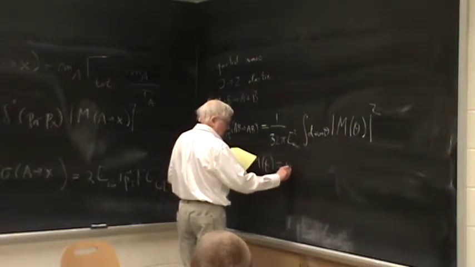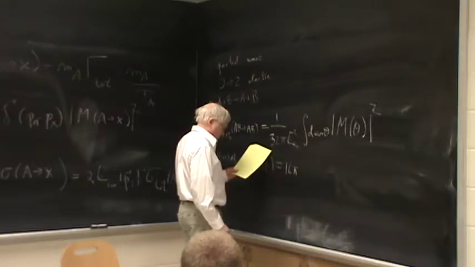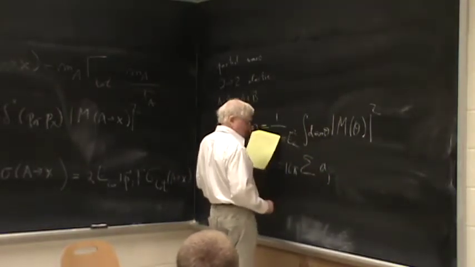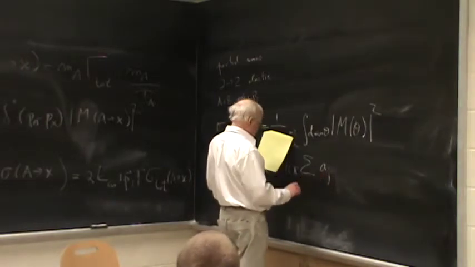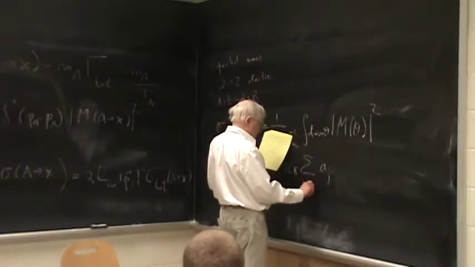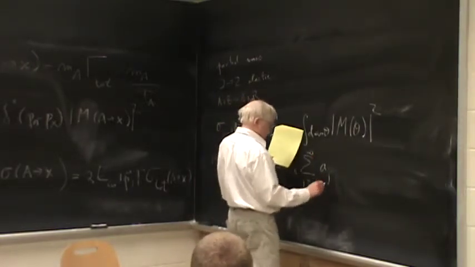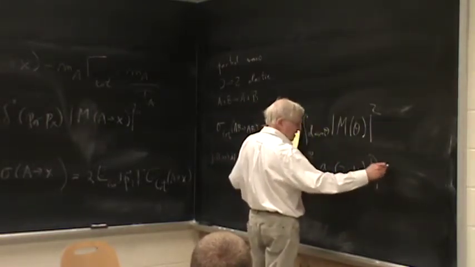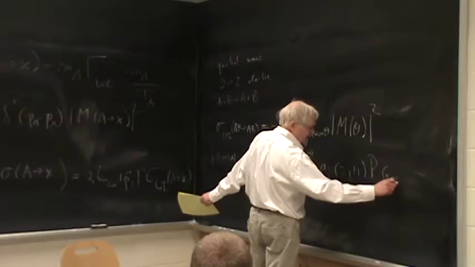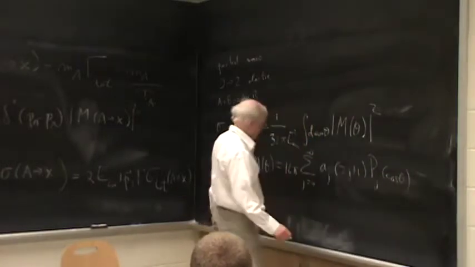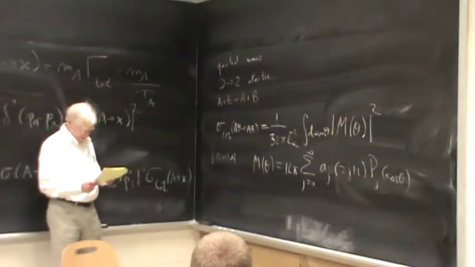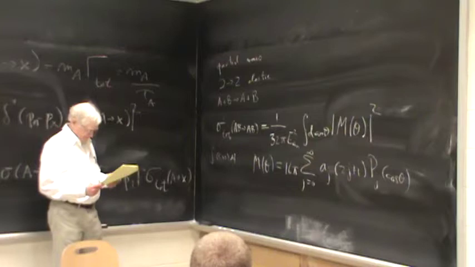Anyway, we can write it as 16 pi, just an overall normalization, times the coefficients a_j, which can be complex, sum over j equals 0 to infinity, (2j plus 1) P_j of cosine theta. So that's just a general mathematical result for Legendre polynomials.